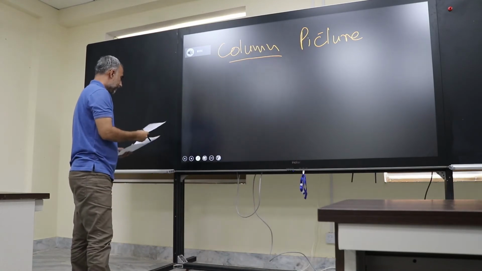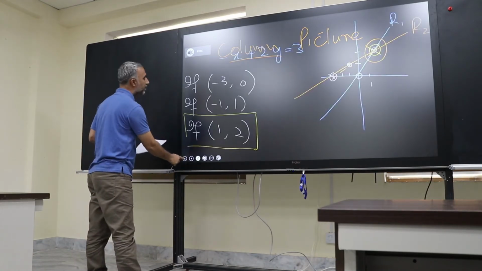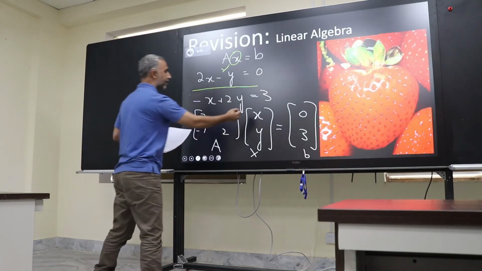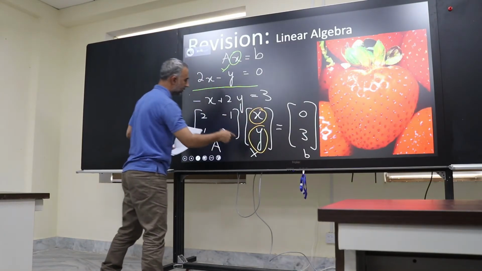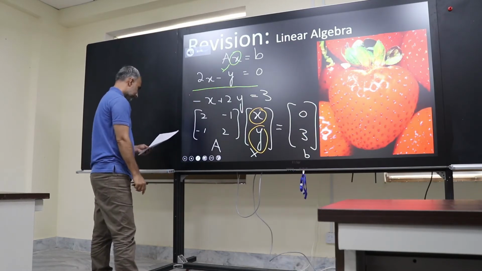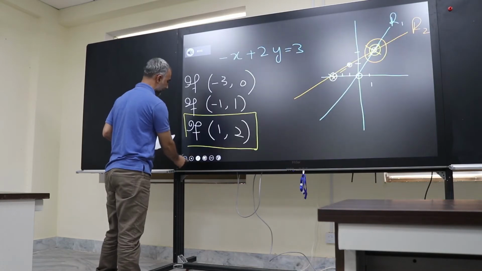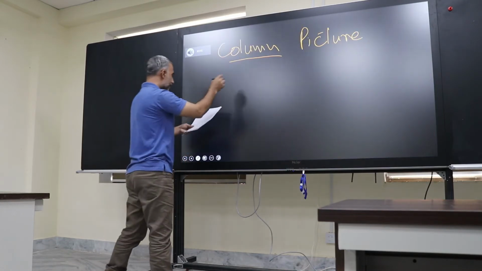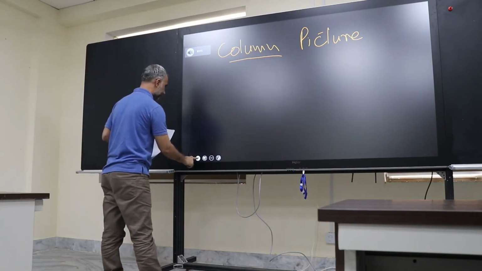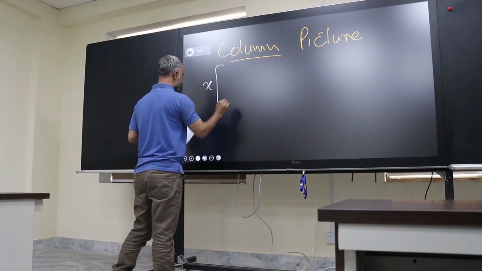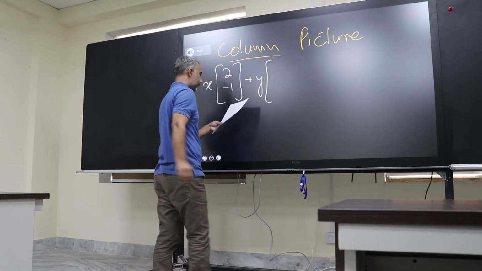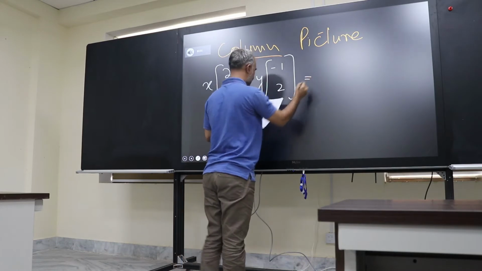If I consider the column picture from this set, I will explain the trick at a later stage, but we can write the matrix notation in the form of x, y, minus 1.